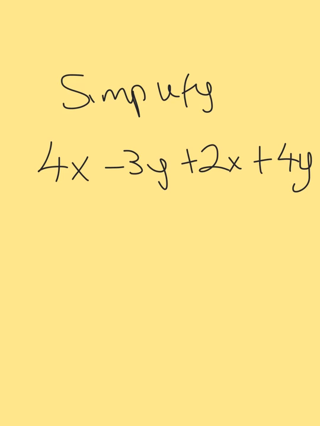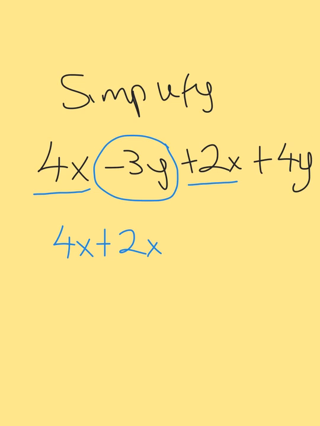Okay, let's go through the answer. So, the like terms we have here is 4x plus 2x. So we can rearrange them, put them together. And we have a minus 3y and a plus 4y.